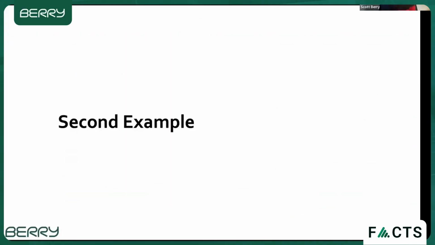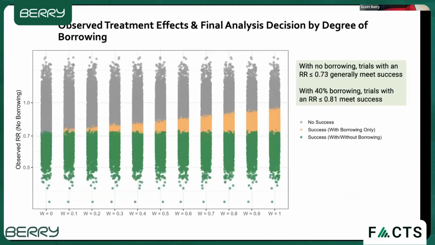Those were some graphs I showed last night, 5:30 my time. Here's an example from last week where there's historical data and a new trial, looking at, based on the current trial, success if you do no borrowing of the old data, whatever the old data is, whether pediatric to adults or whatever the scenario.